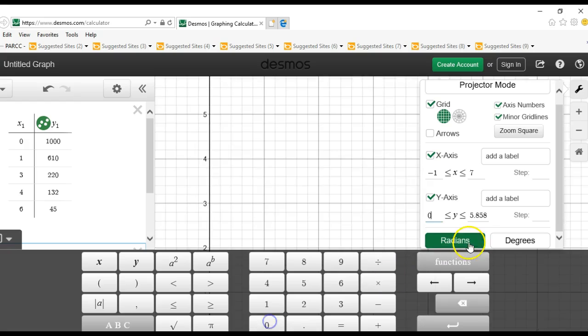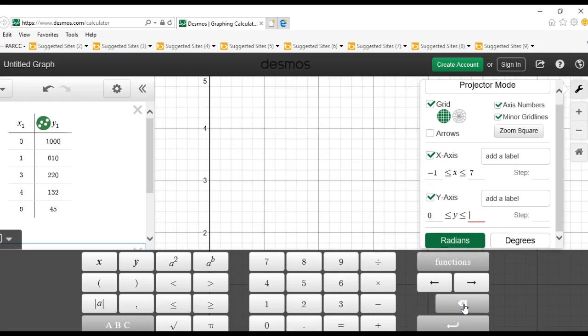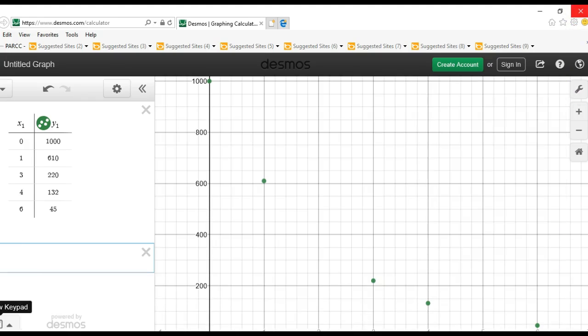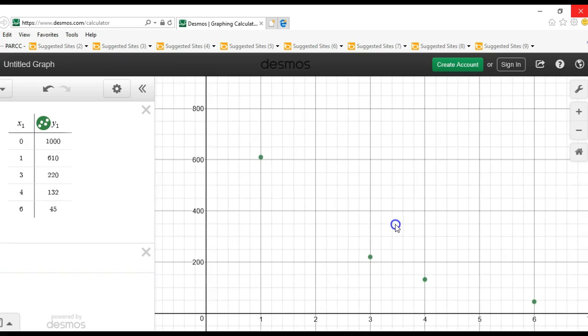So let's go from 0, because I want to see down by the origin. And let's do a little bit above 1000, 1020. So now when I hide this, you can see here's my ordered pairs.